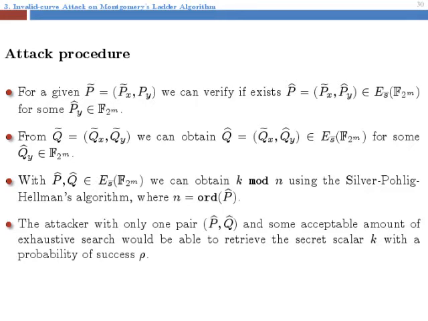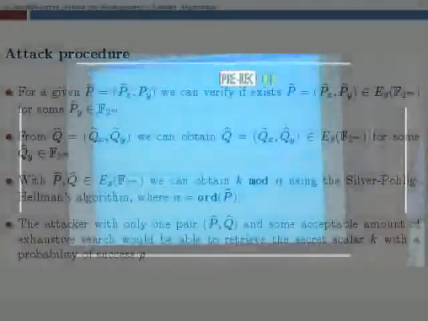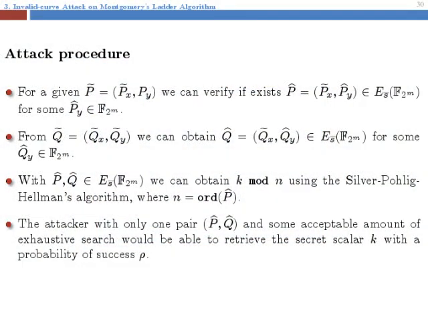Basically, if we inject a fault and we obtain P tilde, it's easy to verify whether there exists a point in the weaker curve that has the same x coordinate as my faulty input.